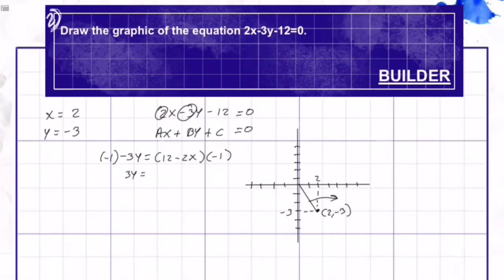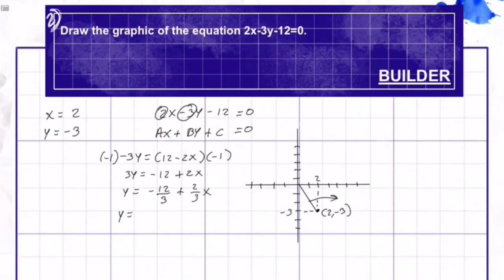We have 3y equals -12 plus 2x. We had to divide by 3, so we can eliminate the 3 of the y. You have the 12 divided by 3 plus 2/3 x.